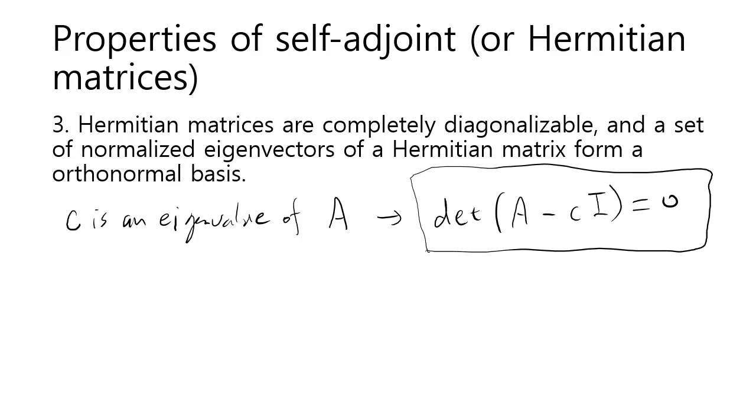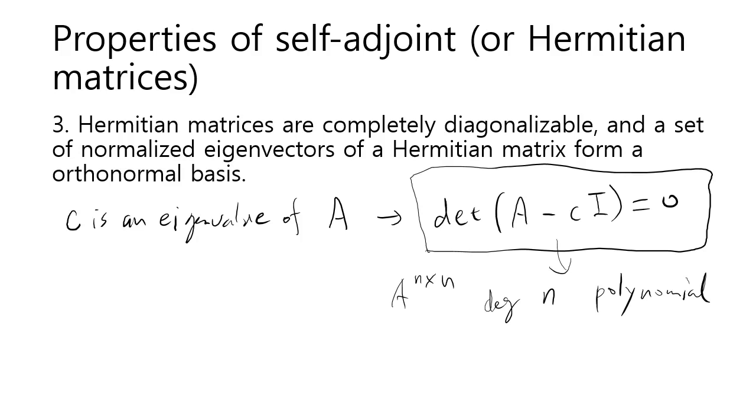Now, if you write this out, it turns out to be a polynomial of C. If A is an n by n matrix, then this will be a degree n polynomial. So this will have at most n distinct roots. If it doesn't have n distinct roots, then you may not have enough eigenvectors to diagonalize this.